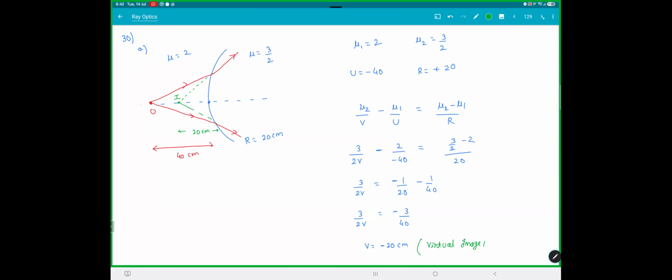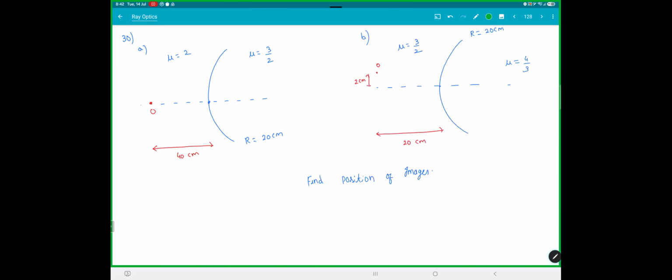What about the second one? Second one here is the question. Try, I'll give you a minute more.